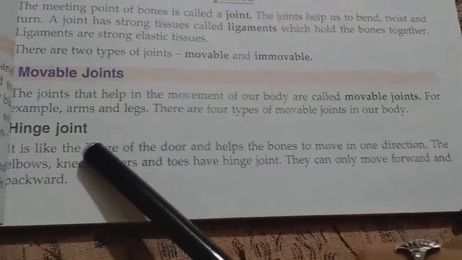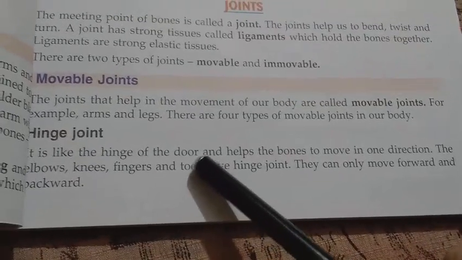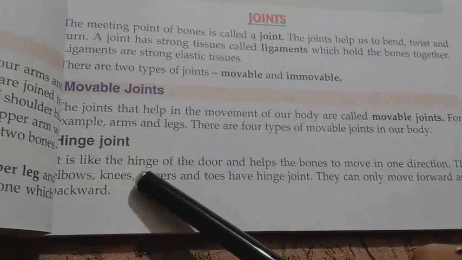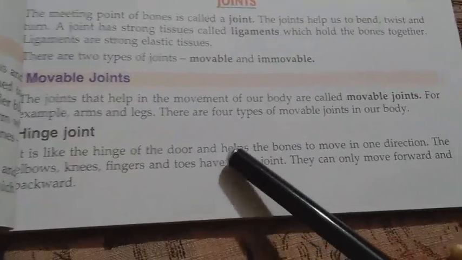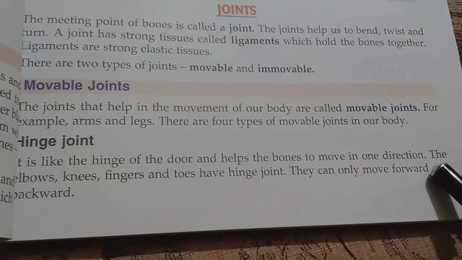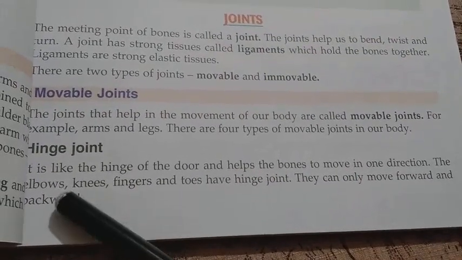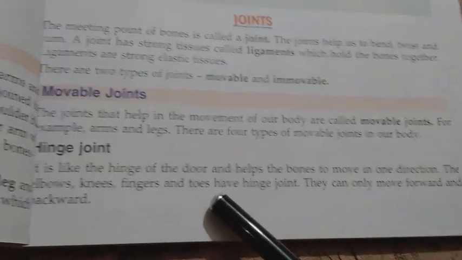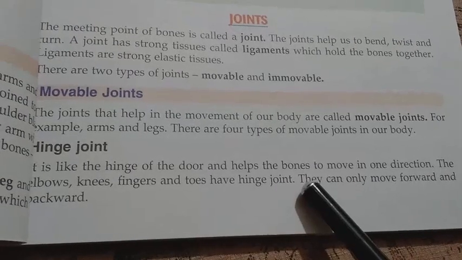It is like the hinge of a door. You know the hinge of a door? How it moves? Just like that, hinge joints help the bones to move in one direction. The elbows, knees, fingers, and toes have hinge joints.